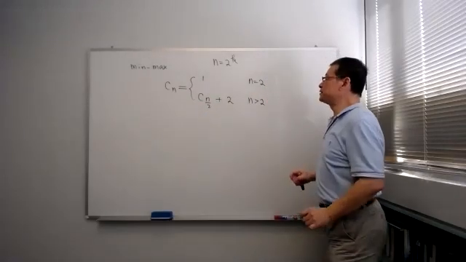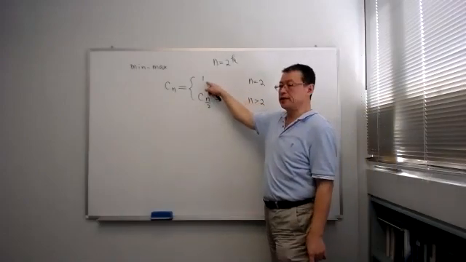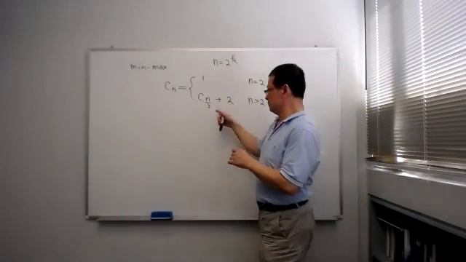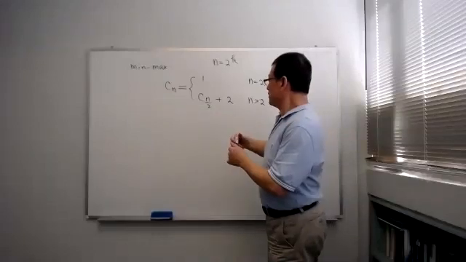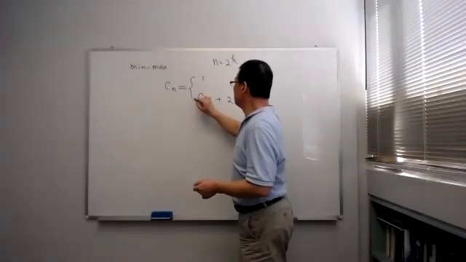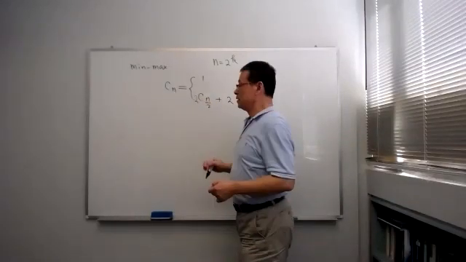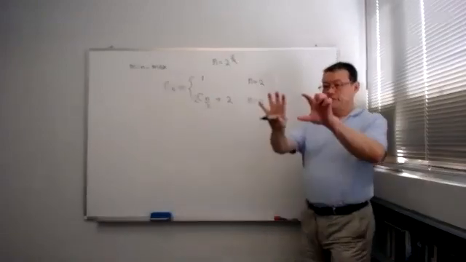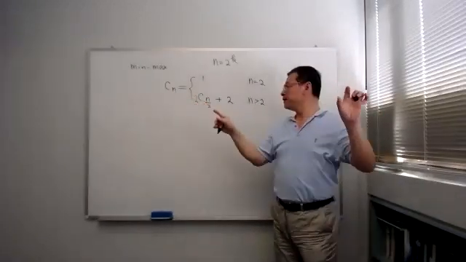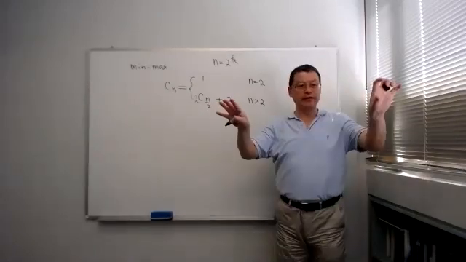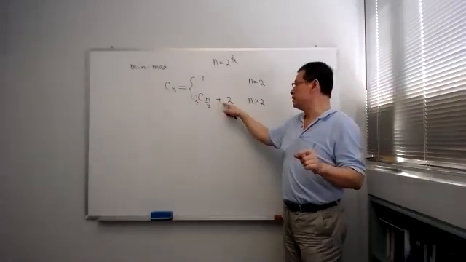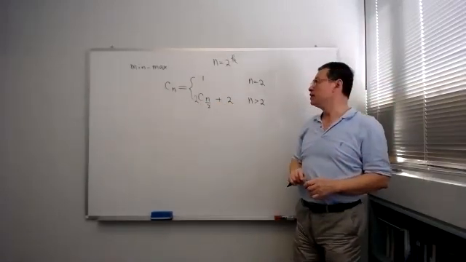So that's the number of comparisons. For two elements, one comparison is needed. Otherwise, two parts here, each of half of n elements, so half of n twice, plus two more comparisons.